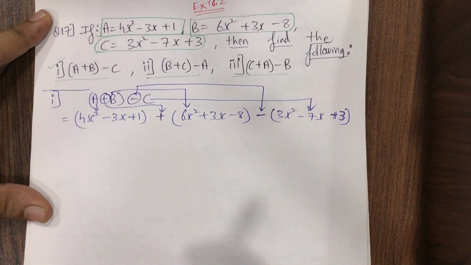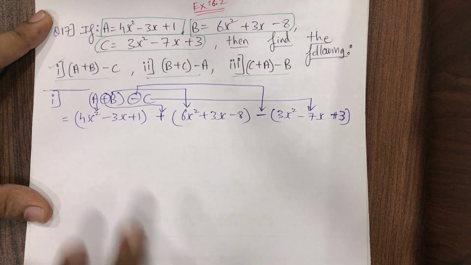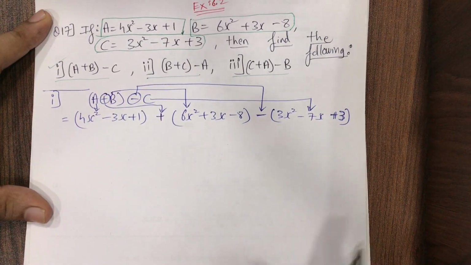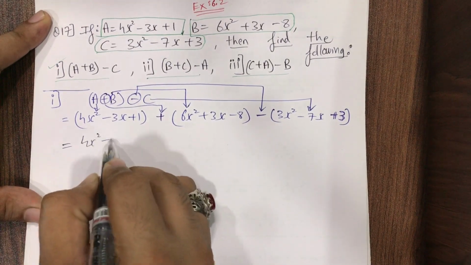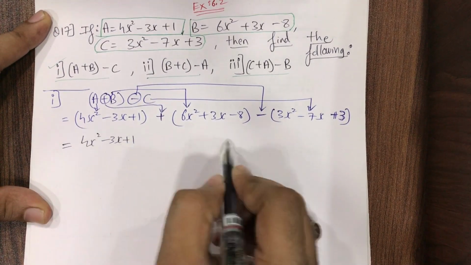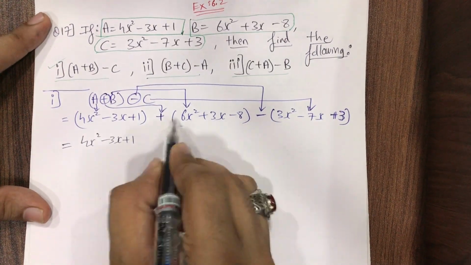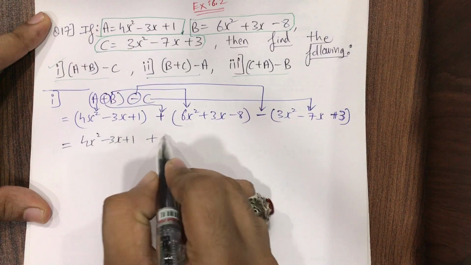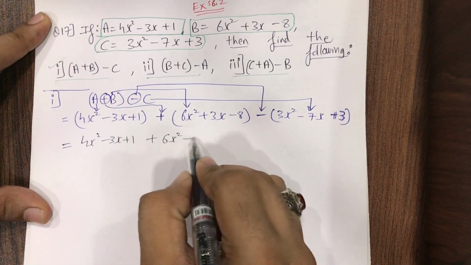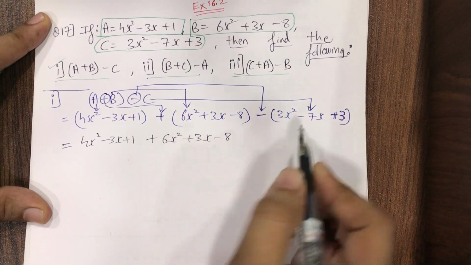Now the next step, you all know how to do it. We will just open up the brackets. So it is equal to, see this, 4x square minus 3x plus 1 as it is, because we have plus outside this bracket, so there will be no change in this bracket. This will be the same, plus 6x square plus 3x minus 8.